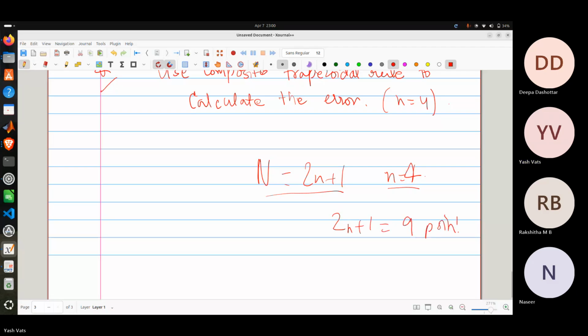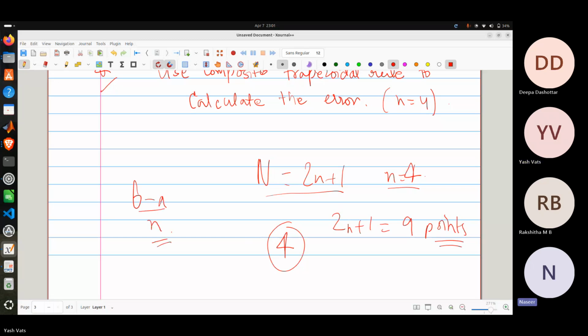Here small n stands for the number of intervals, am I right? Because the step size is given by (b minus a) by n, where n stands for the number of intervals. In your lecture notes, they use small n for that.